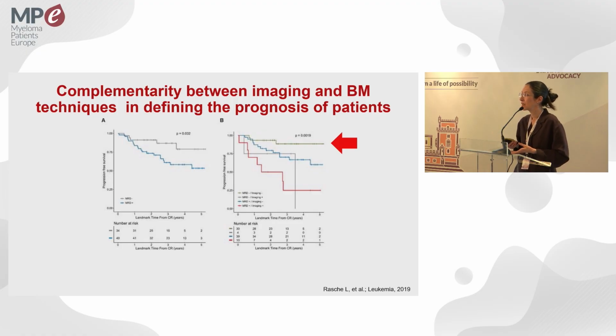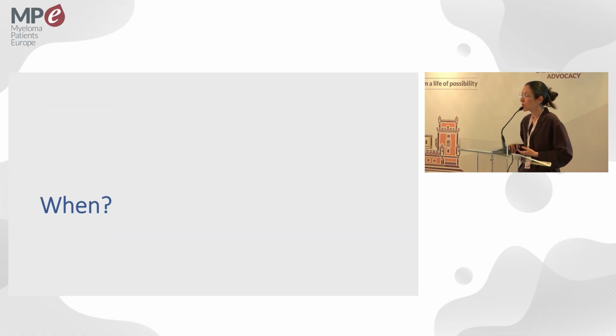It's highlighted with the red arrow, and logically those patients that achieve that status, so no disease in the marrow using next generation sequencing or next generation flow, and no disease outside the marrow using an imaging methodology, PET-CT or whole body MRI in the next few months, are those that actually, as you can see in the slide, in this study and others, display the best outcome.